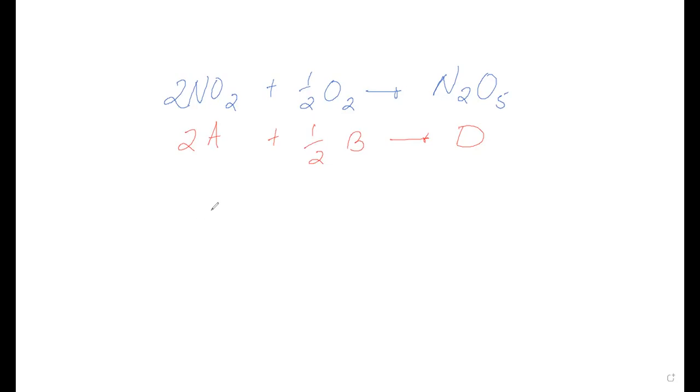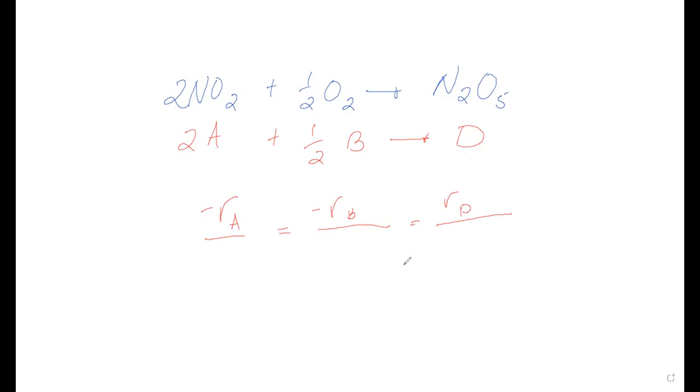The rates. In terms of relationship, the problem is asking you to write the relationship between the rates. So I will place here, and the reason why I write negative for these two is because they are reactants and this one is a product.